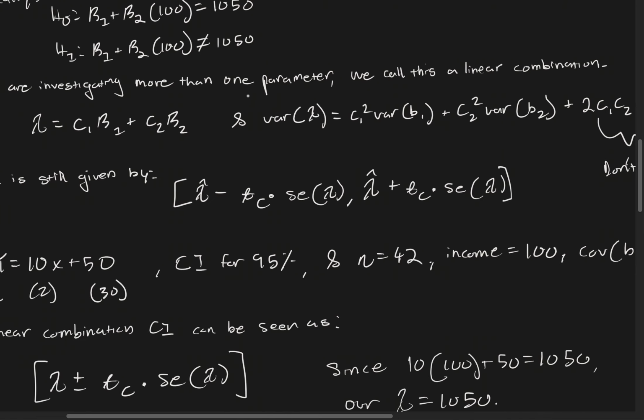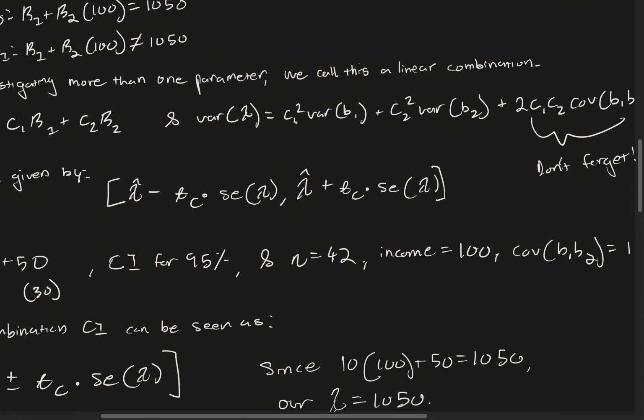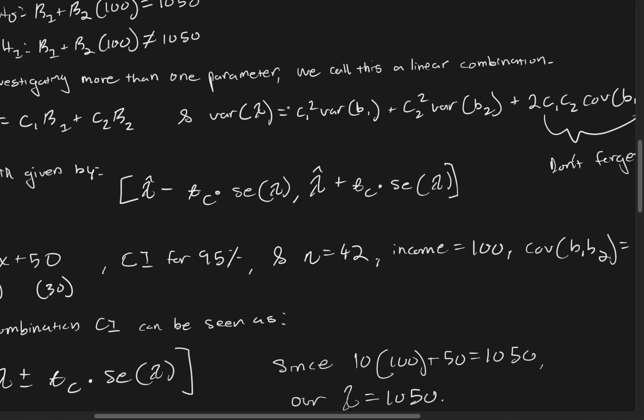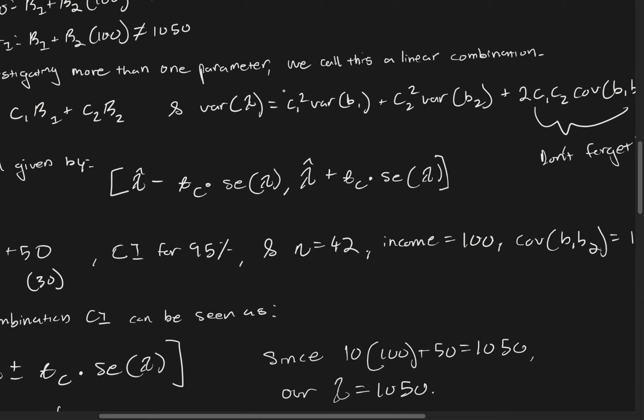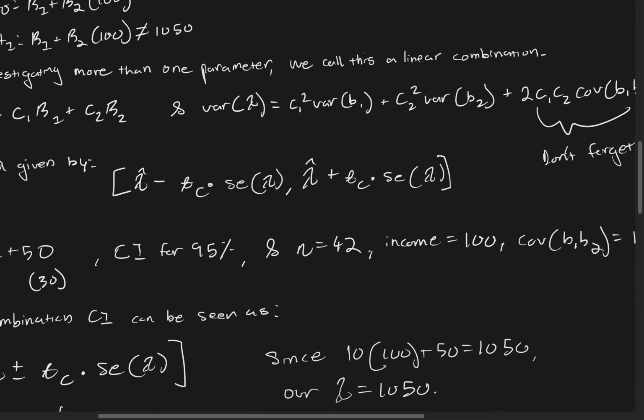our variance of beta 1 and beta 2 is different. So essentially, it will make sense if the variance of lambda, of the whole given linear function, is also different. If you're wondering why the coefficient, the C, is squared, it's mostly because the C originally is within the variance of beta 1 and beta 2, but then we have to extract it out because the variance has something to do with squaring the standard error.